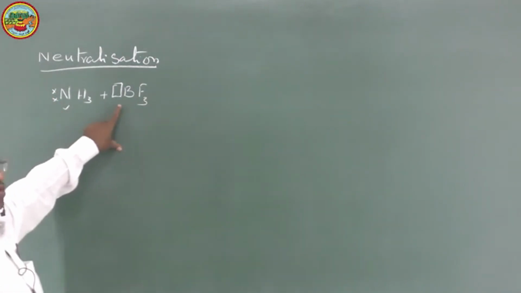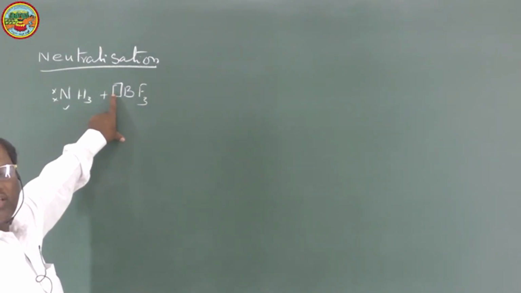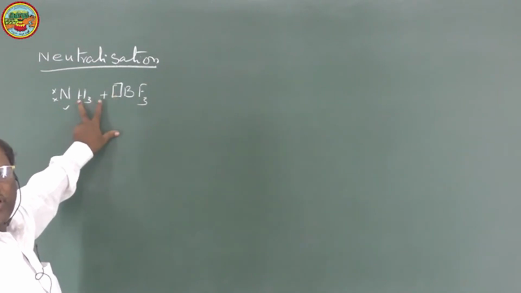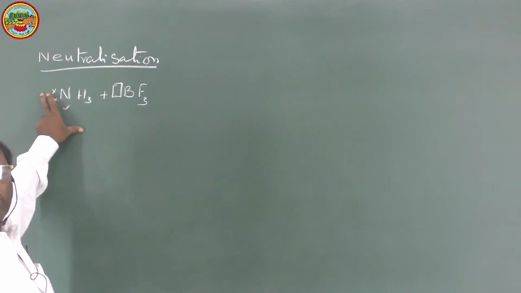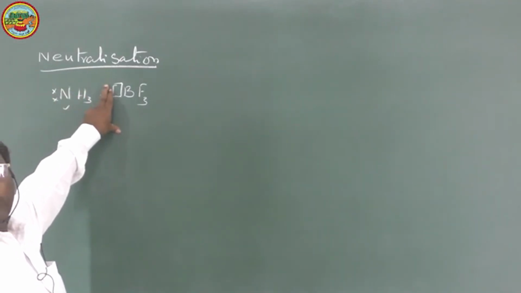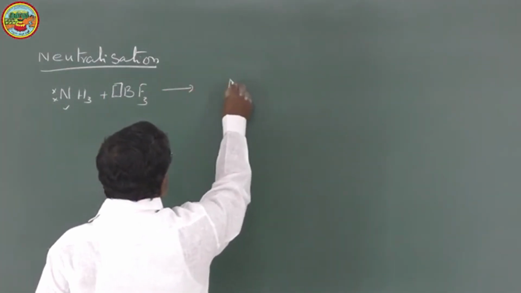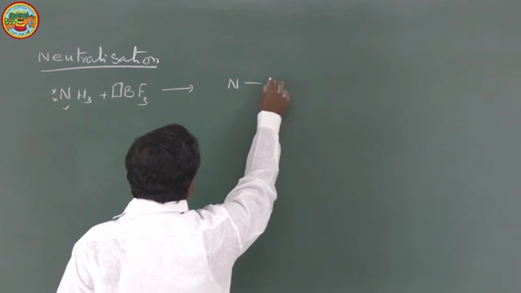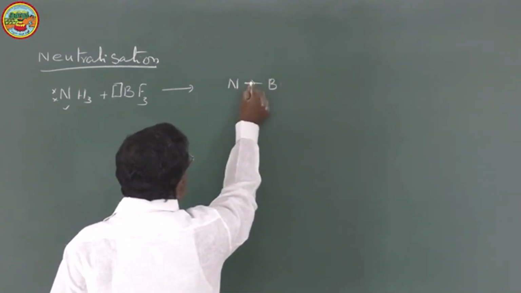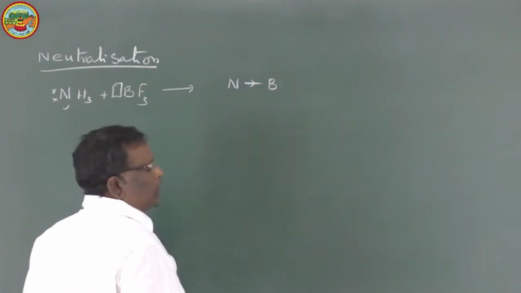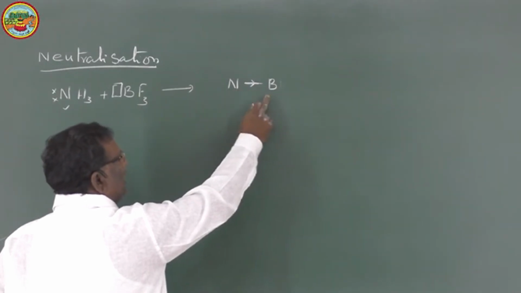And in BF3, the valence shell of boron has one empty orbital. If such species come in contact with each other, the electron pair is donated by nitrogen and boron takes that electron pair to form a covalent coordinate bond between nitrogen and boron. This coordinate bond is denoted with an arrow, which indicates the direction from donor to acceptor.